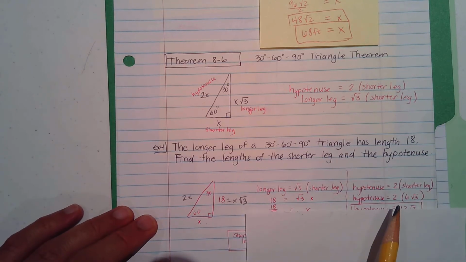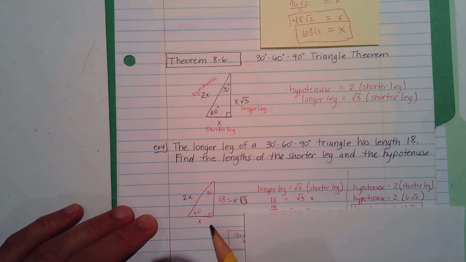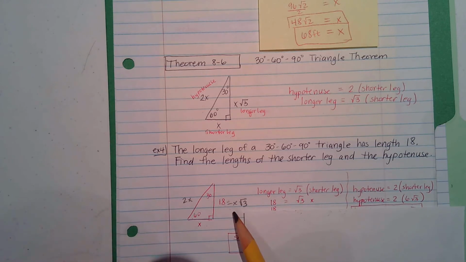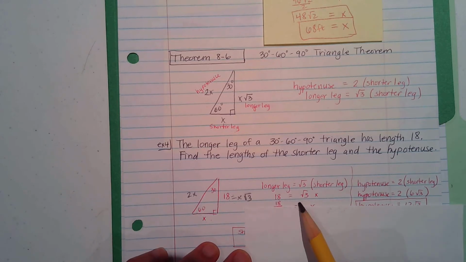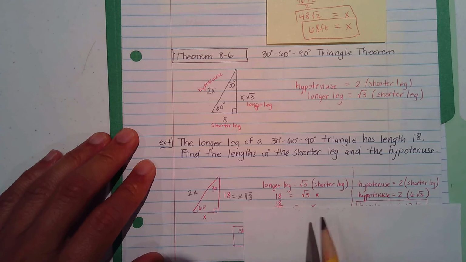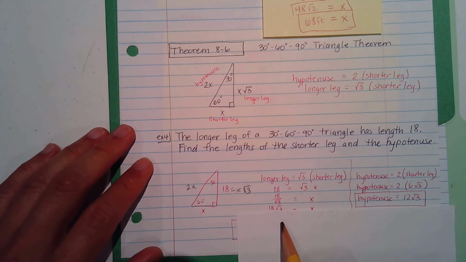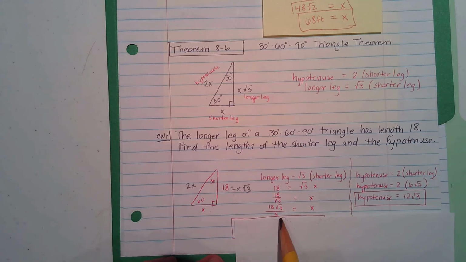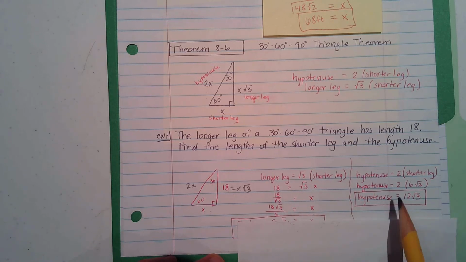All right, so now the longer leg is this right here. So the longer leg is 18 equals x radical 3. To get x by itself, divide by radical 3 on both sides. So 18 over radical 3 is 18 radical 3 over 3 equals x. So that's the longer leg. The hypotenuse is 2x.